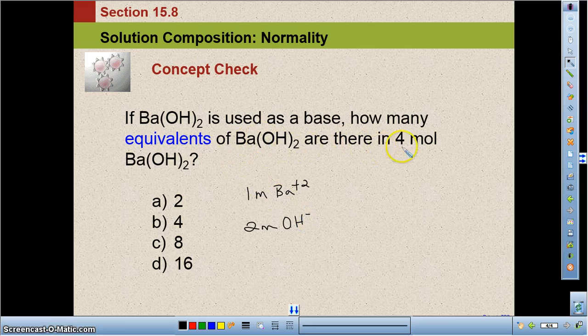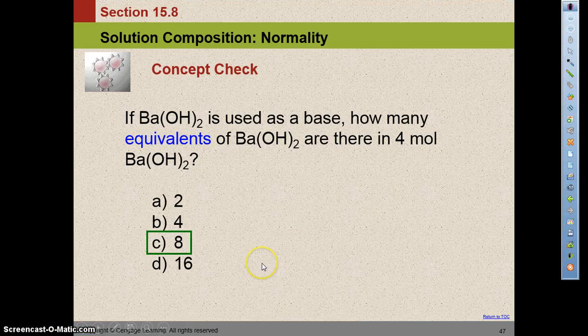If I have 4 moles of barium hydroxide, I would have 4 moles of barium, and I would have 4 times 2, which is 8 moles of hydroxide. So how many equivalents are there in 4 moles of barium hydroxide? The answer would be 8.